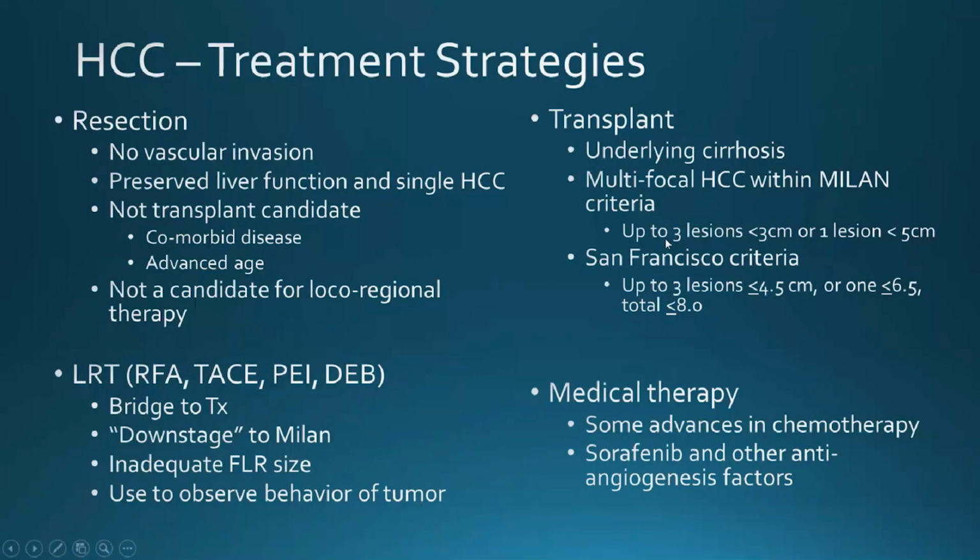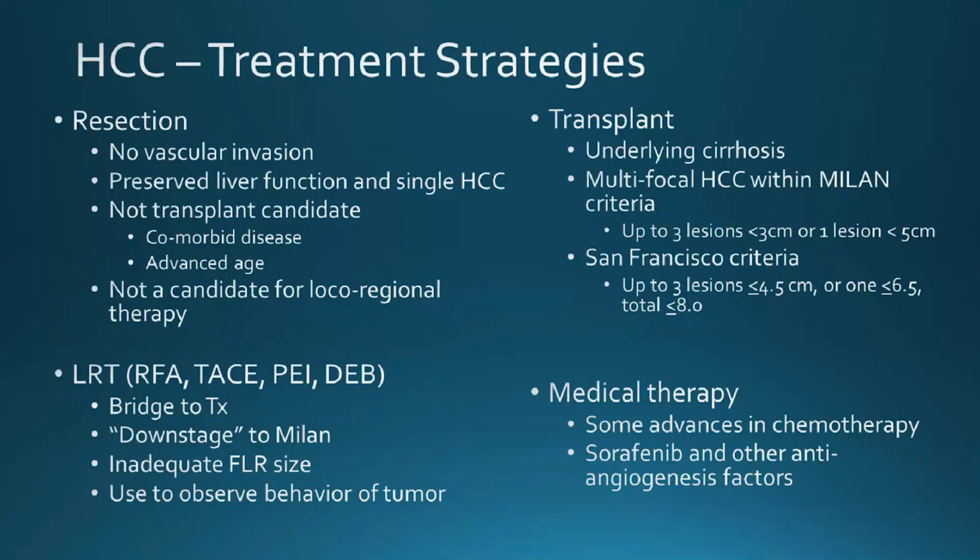Of course, after the Milan criteria, many other centers looked at different criteria. Probably the most common one, in addition to the Milan criteria, is the San Francisco criteria. But the United Network for Organ Sharing just accepts the Milan criteria as a factor of acceptability for liver transplantation, giving the patient the opportunity to have a higher score on the list for transplantation.